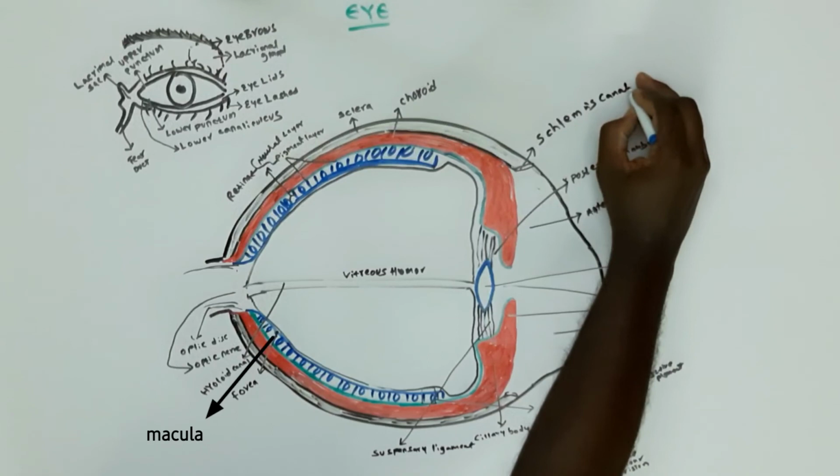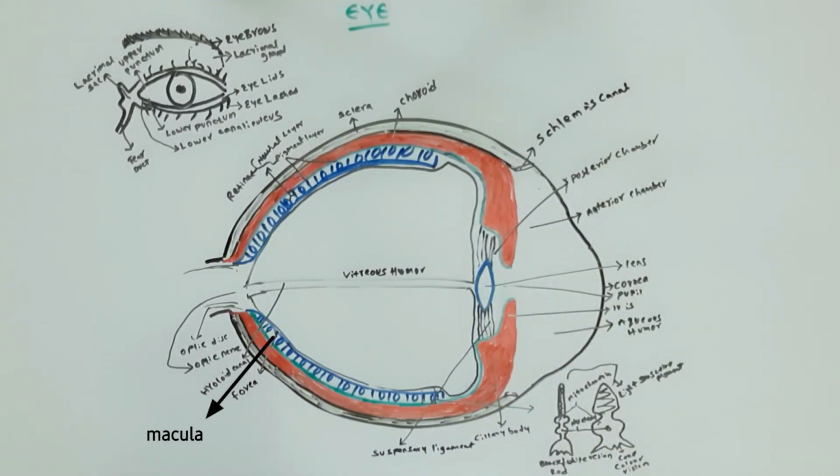The eyes are grouped within 7 bones that form the orbit of the eye: the frontal bone, maxillary and zygomatic bone, lacrimal and nasal bone, and sphenoid, ethmoid and palatine bone.